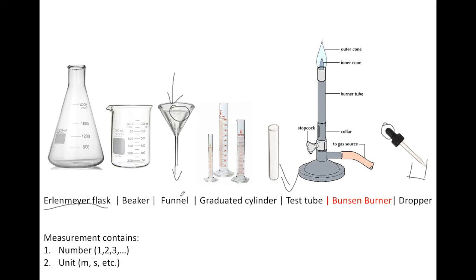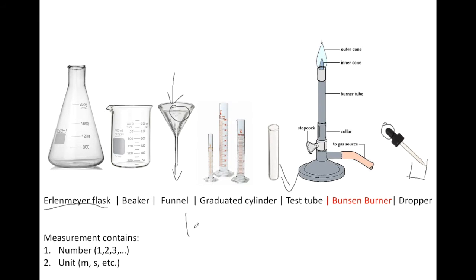A measurement, of length, weight, mass, density, or anything, has to contain first a number, which is the scale, the magnitude, how large this is, and a unit. For example, if I just have a 1 here, who knows if this is for density, length, weight, or mass?